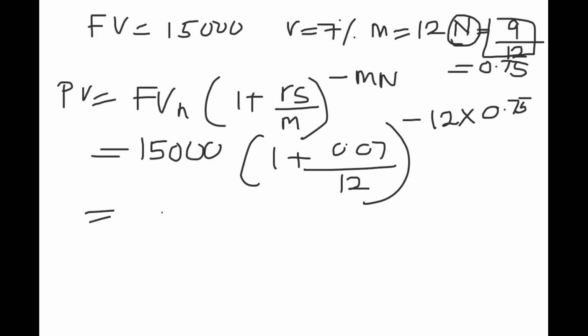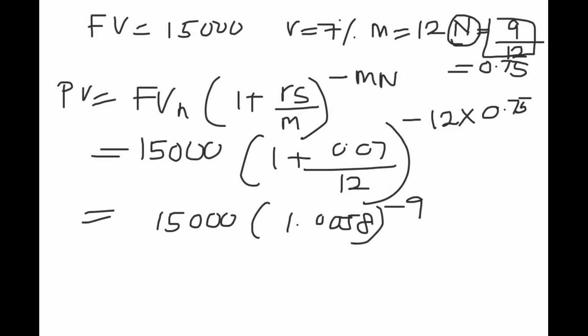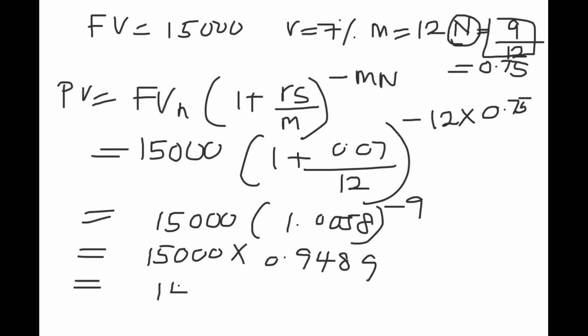Then we are calculating this: 1.0058 to the power of minus 9, times 15,000, which is 0.9489, giving 14,234.99.